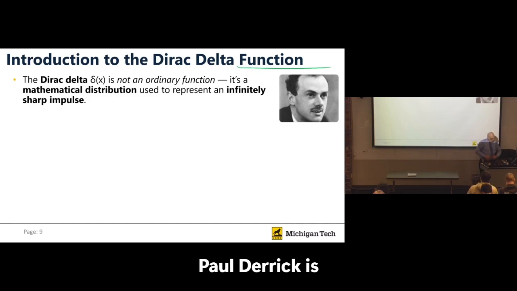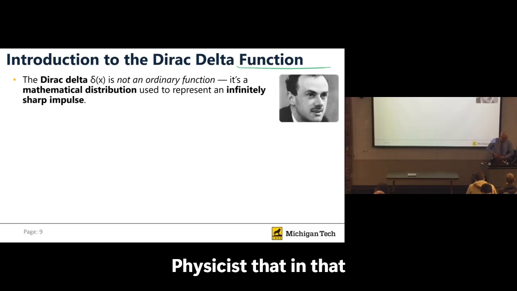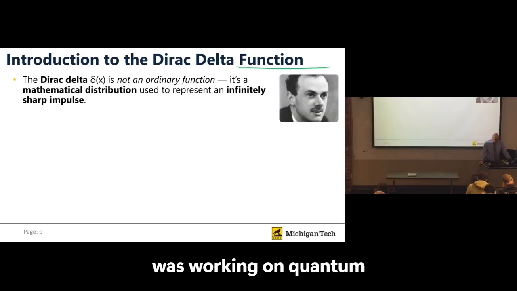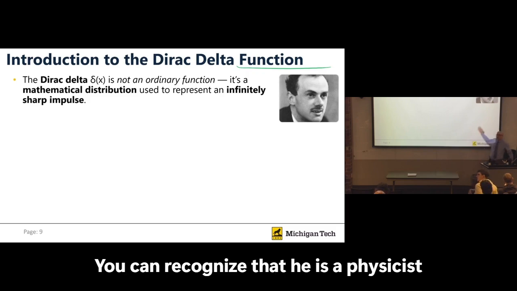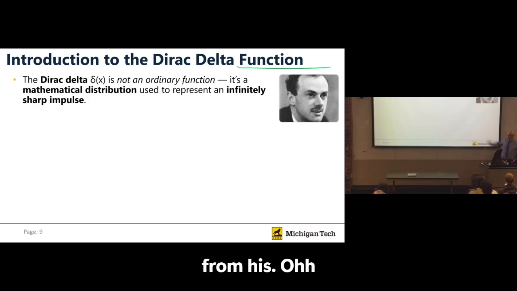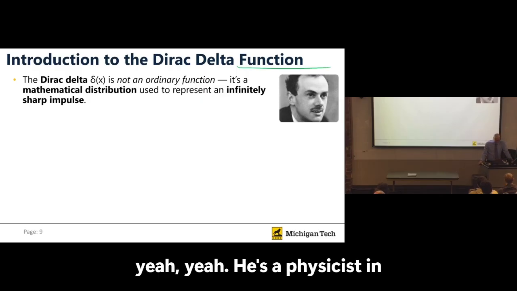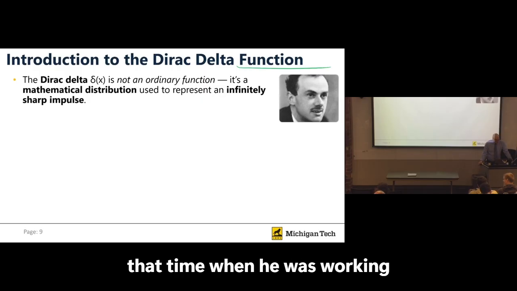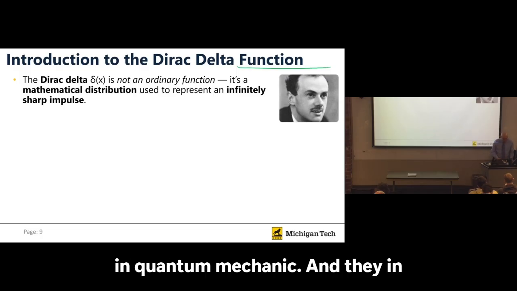So Paul Dirac is a British physicist who at that time was working on, of course, quantum mechanics. It was at the same time as Einstein.